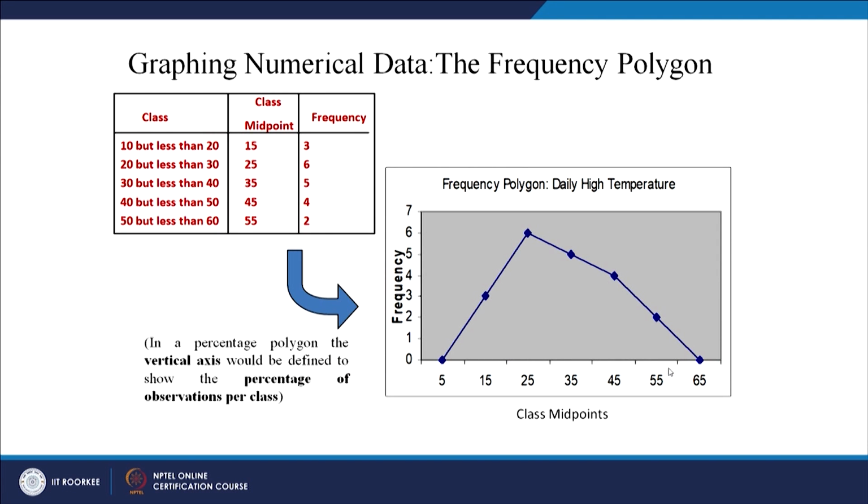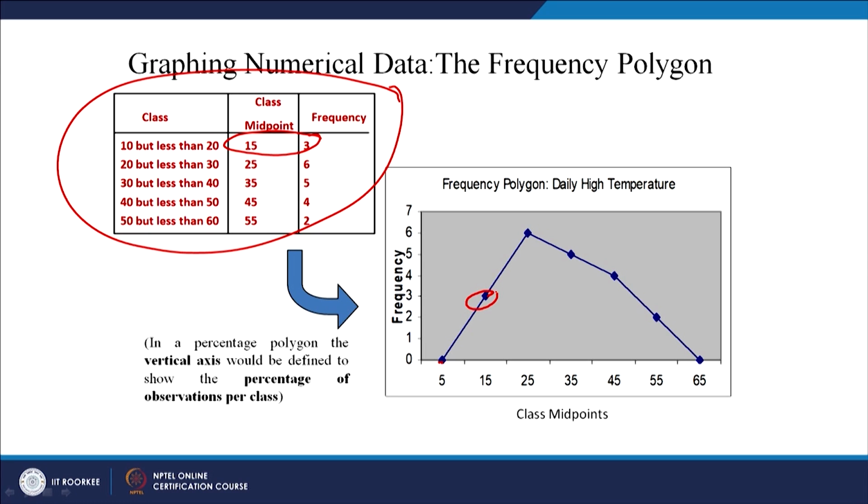So, let us look at this. This is what we have already available with us, and these are your midpoints, right. The first is 5, then 15, 25 and so on. The first frequency is 3, right.